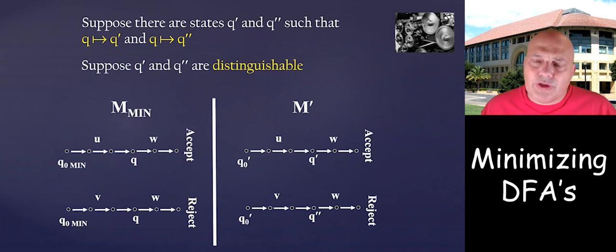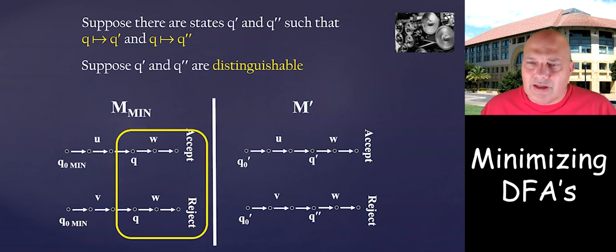But now we reached something that's absurd. It's a contradiction. We reached two contradicting conclusions: from q on w you reach accept, and from q on w you also reach reject.